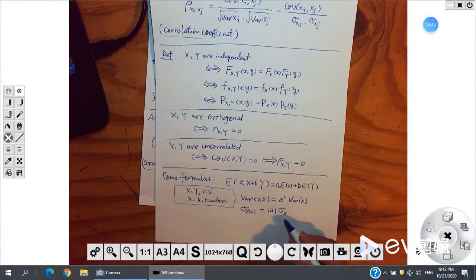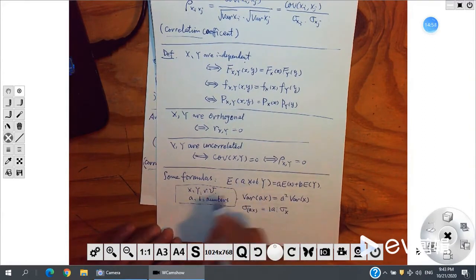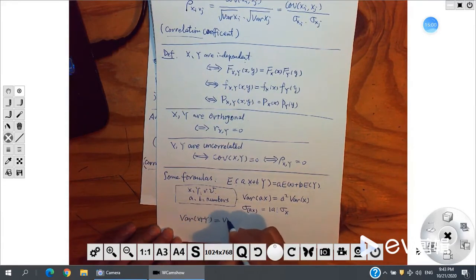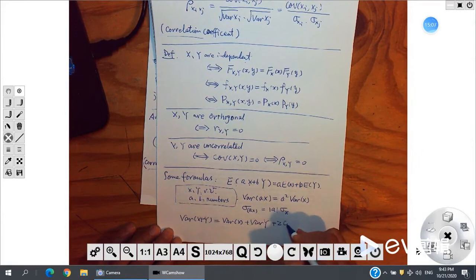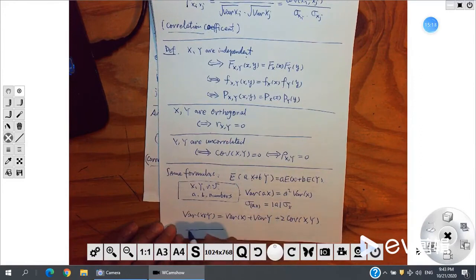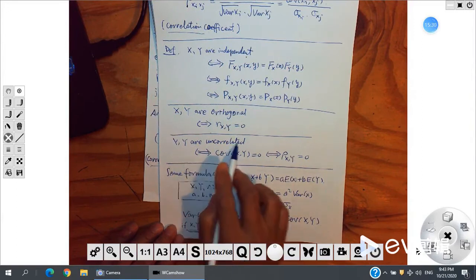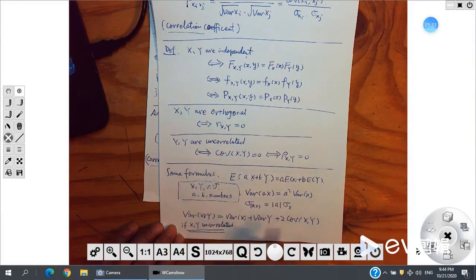This is for A times a random variable. And another thing is for the summation: the variance of X plus Y equals the variance of X plus the variance of Y plus 2 times the covariance of X and Y. If X and Y are independent or uncorrelated, the covariance is 0, so this part is 0.